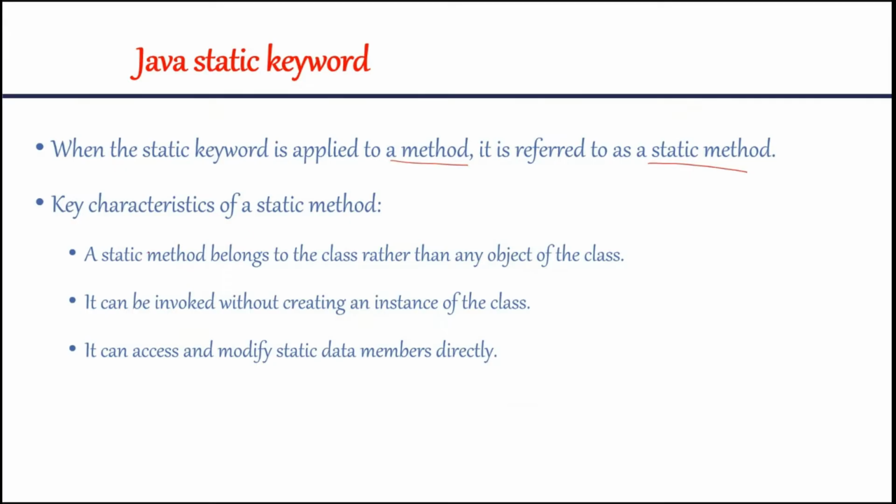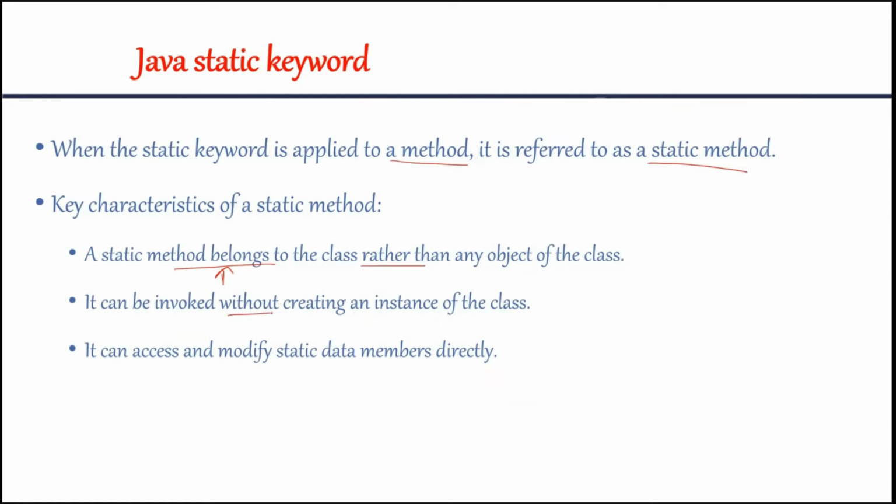So what are the key characteristics of this static method? A static method belongs to the class rather than any object of the class. Just like variables, we can have static methods also. They belong to one particular class rather than a particular object.